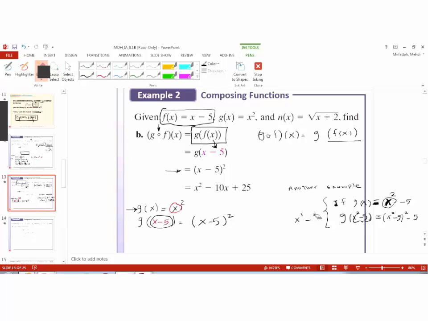Okay, so let me erase this here. Somebody asked why that. This is just another example to make sure you understand what we're doing here. Let me put another example here once again.